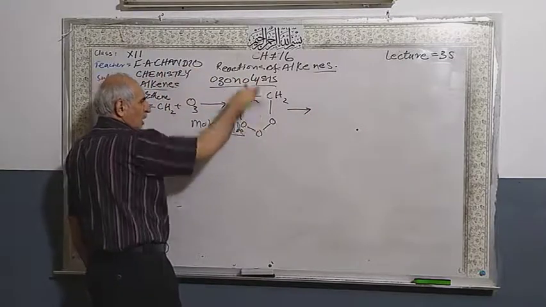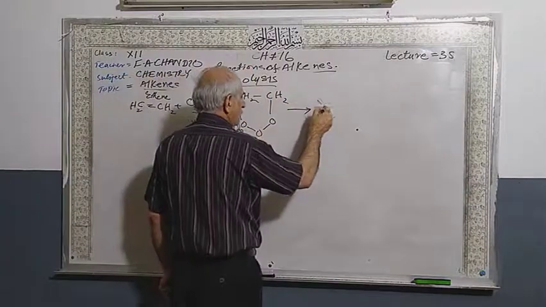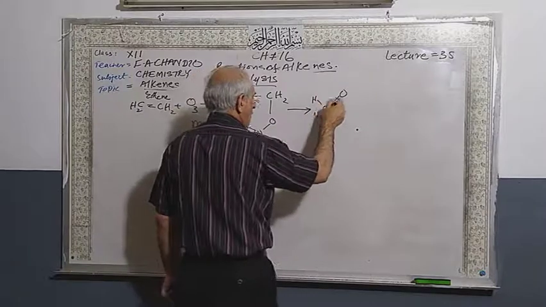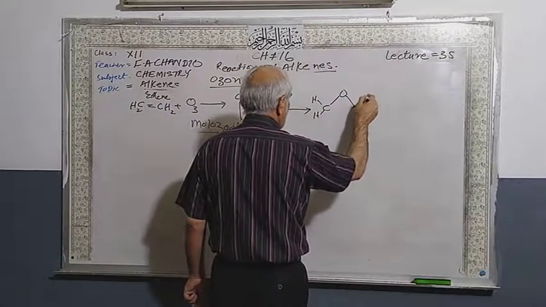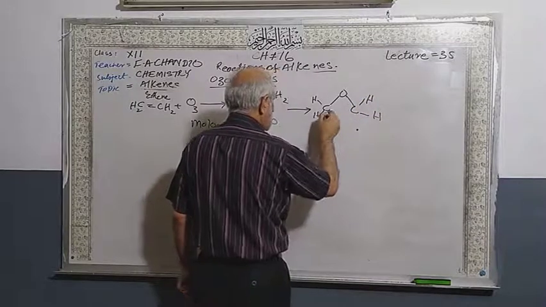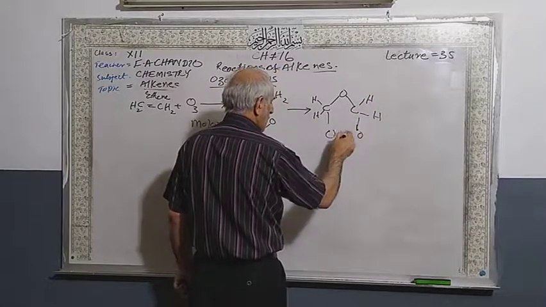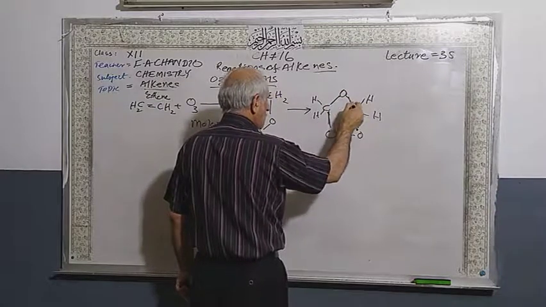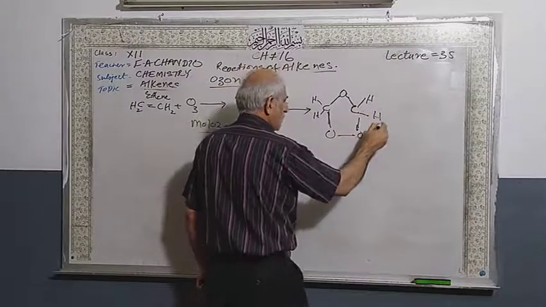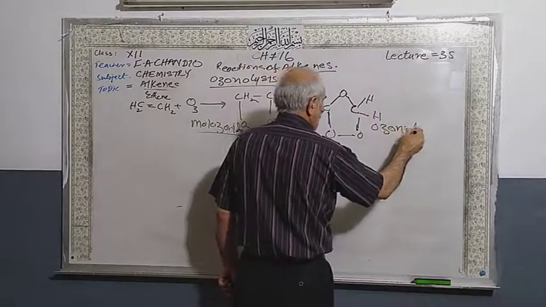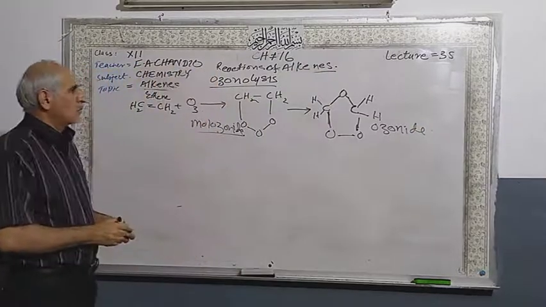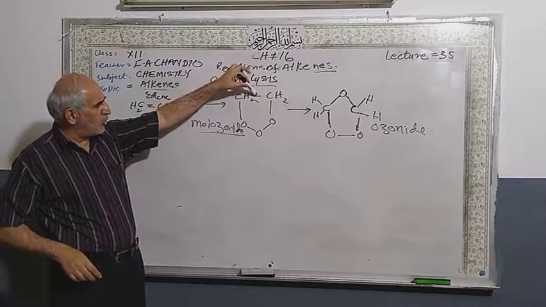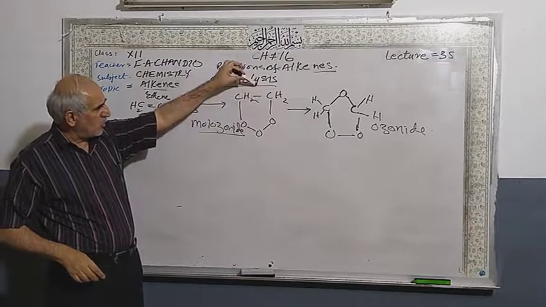This bond is broken down, the oxygen will go up like this. This is called ozonide. Ozonide is being formed. This bond is broken down, no more bond is there, and this oxygen goes here.